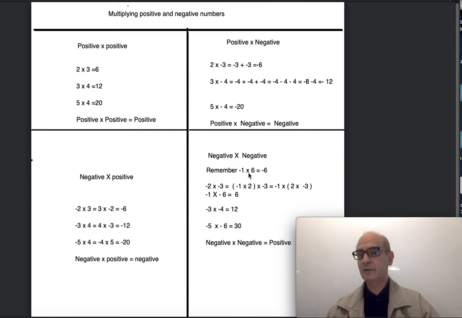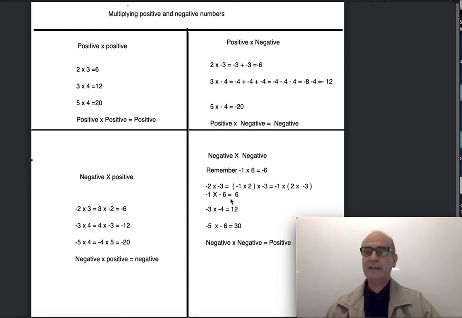So minus 1 here changed to minus 6. So then when I've got minus 1 times minus 6, I can write this as minus minus 6, which becomes 6, because minus minus 6 is 6.